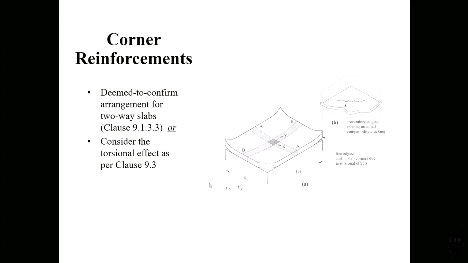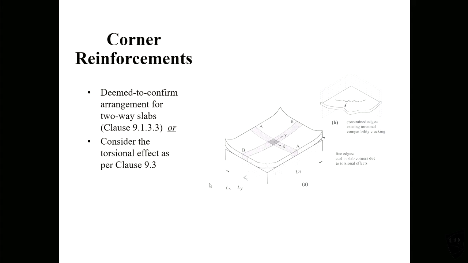Once you did everything, we need to do some extra reinforcement for torsional effect, especially in the corner reinforcement, where you don't have any continuation of the slab.